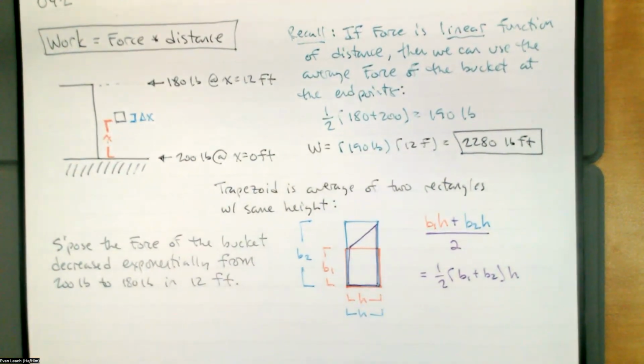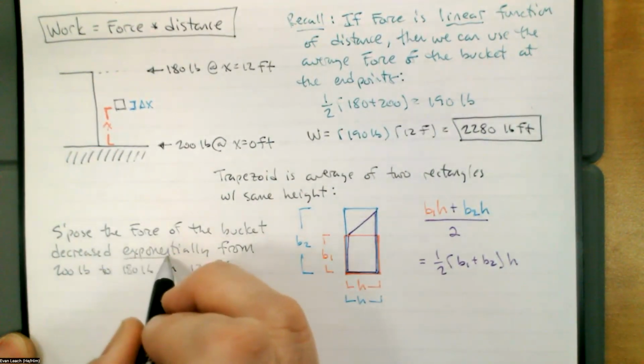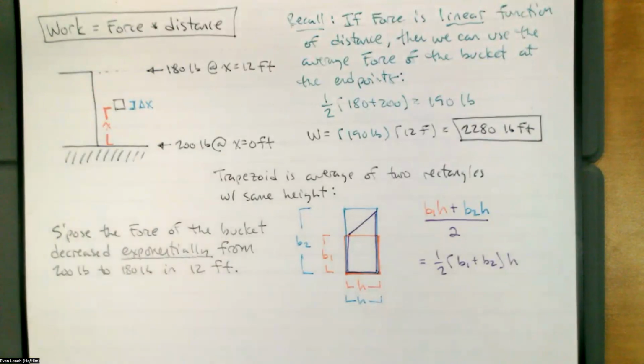Let's suppose that we changed our type of function and we decreased exponentially from the 200 pounds to the 180 pounds in 12 feet.